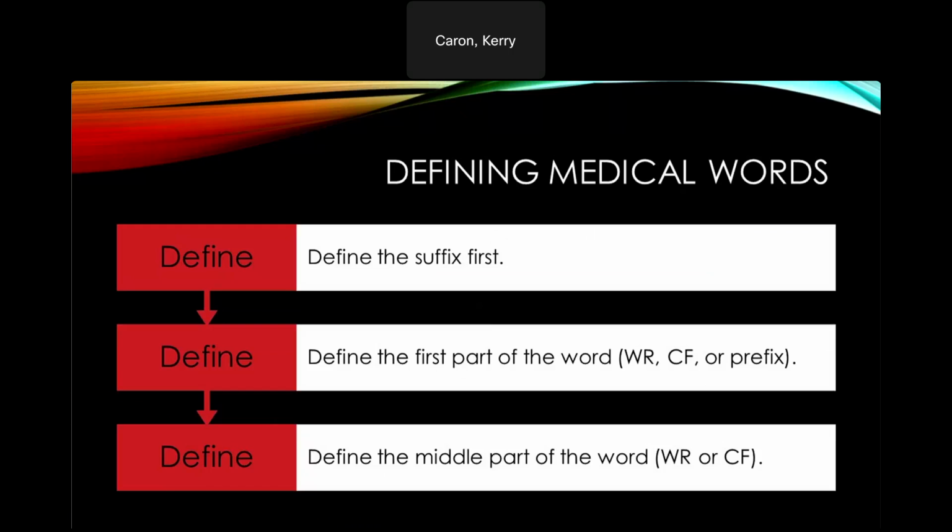So these are kind of the guidelines. You're gonna go to the suffix first, and that's graphy. And that's what that is, written record. So I'm gonna go ahead and type up here, written record, okay?